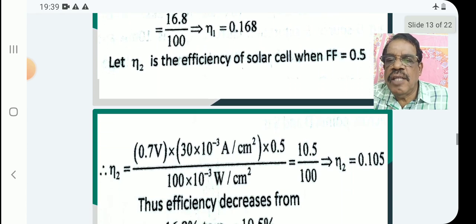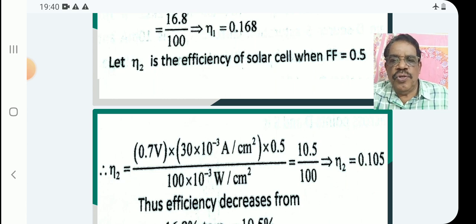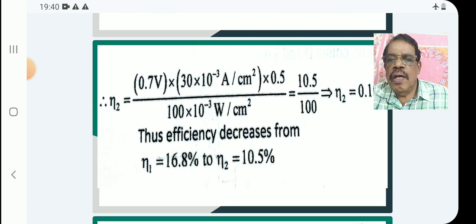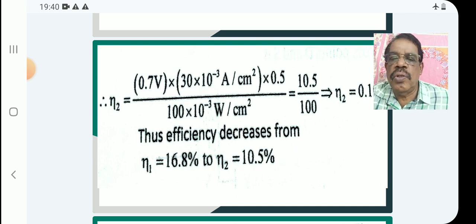That fill factor you apply here and again calculate the efficiency eta 2, which is 0.105. That's 10.5. So the new efficiency is 10.5. The previous efficiency eta 1 is 16.8. Thus efficiency decreased from eta 1, 16.8%, to eta 2, 10.5%.